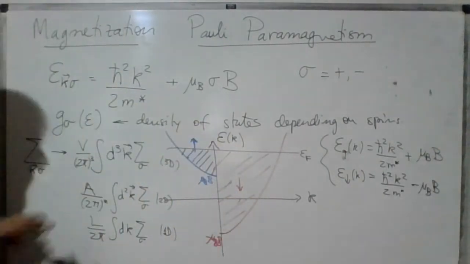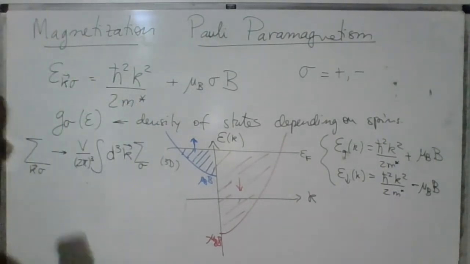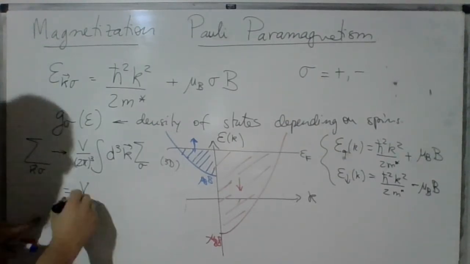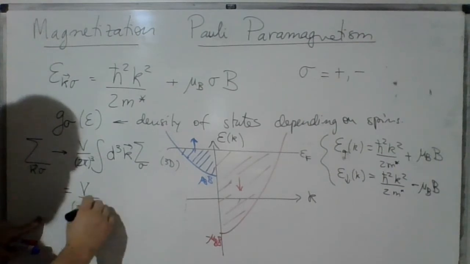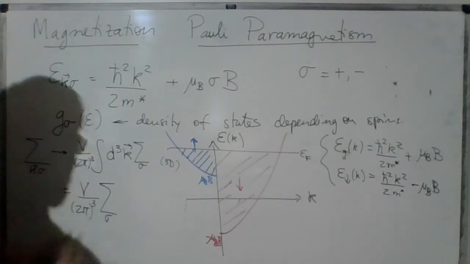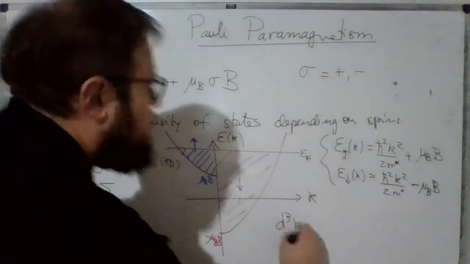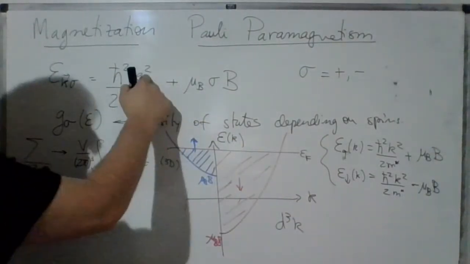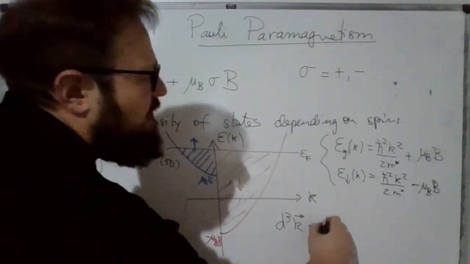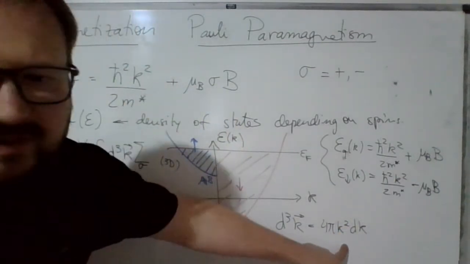All right, so I will erase here. And notice that now this summation would be equal to the volume over 2 pi cubed if you replace this d3k in spherical coordinates, because it has a spherical symmetry in 3 dimensions. You would replace this by 4 pi k squared dk in the momentum space.